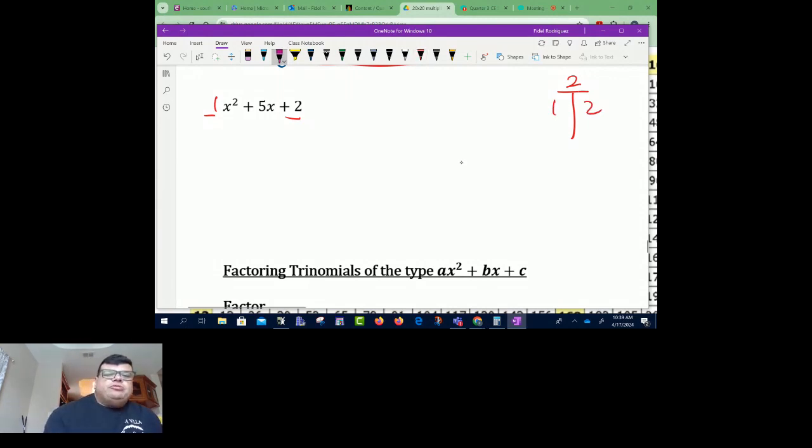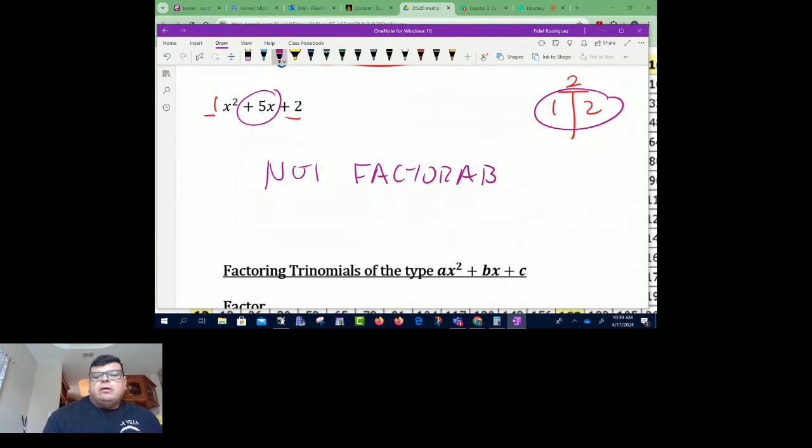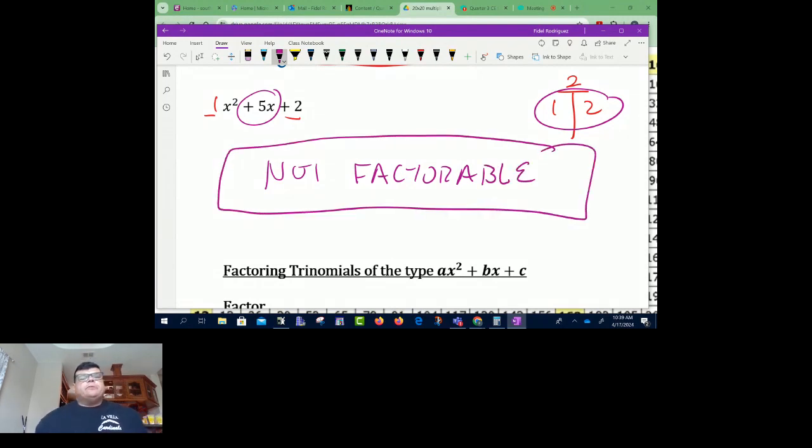But, y'all, we're trying to get them to add up to 5. And those numbers are not going to add up to 5. What we say here, y'all, is that this problem is not factorable.